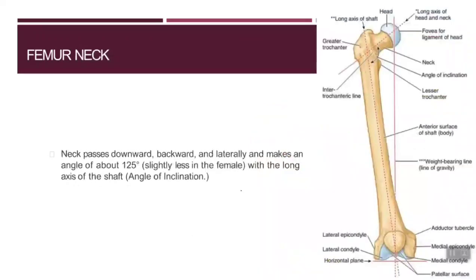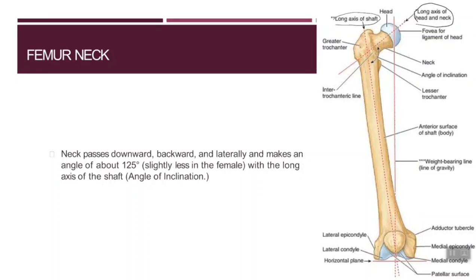Another point you can see here is a normal angle between the long axis of the head and neck, shown by the dotted line, and the long axis of the shaft.